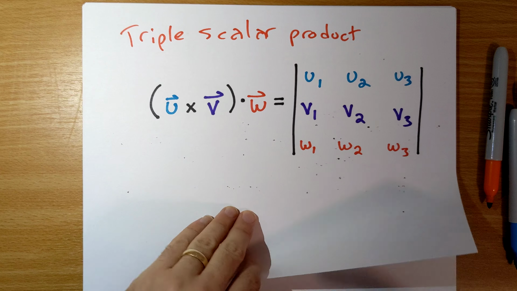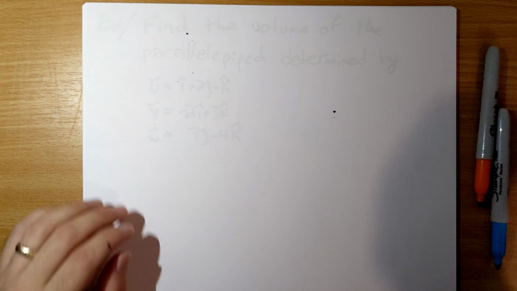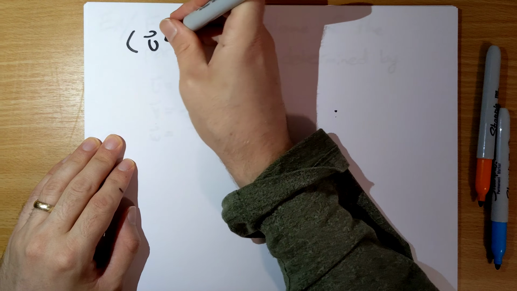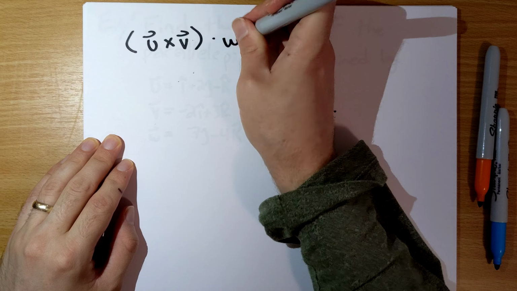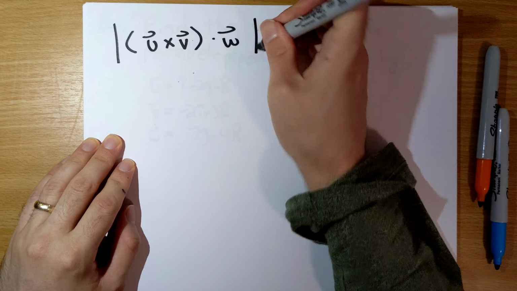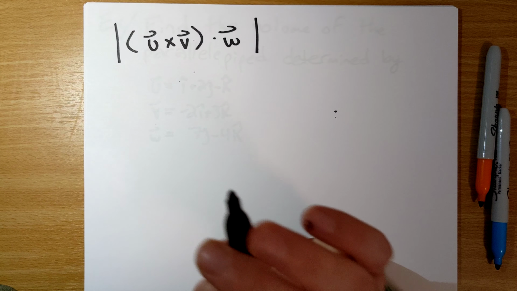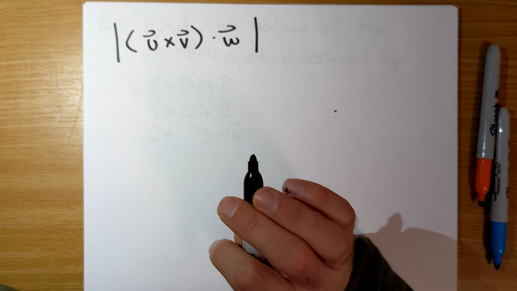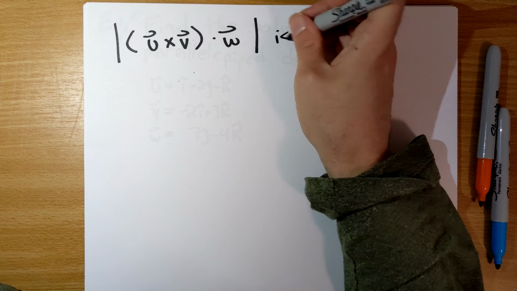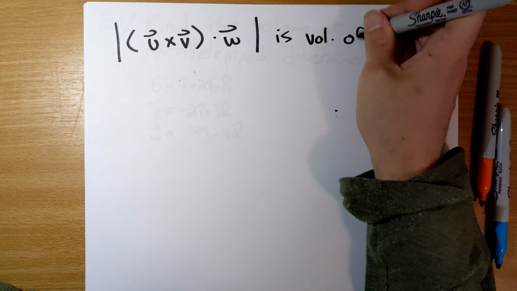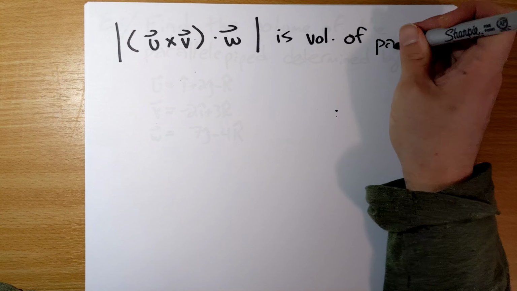The absolute value of u cross v dot product w, assuming we want to make sure that this expression ends up non-negative, is the volume of a parallelepiped.